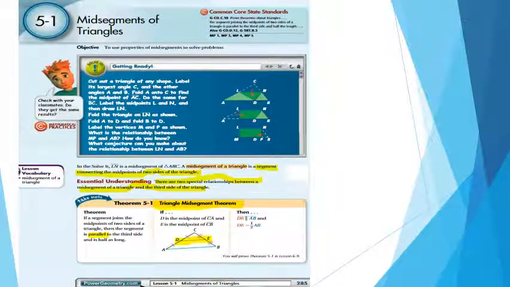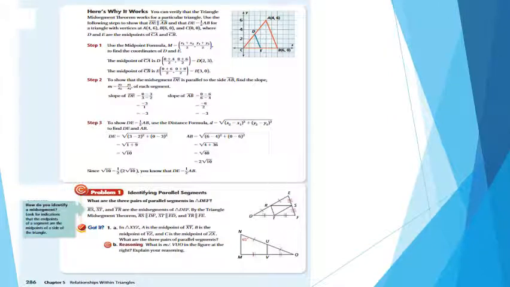Let's see next. Page 286. Let's see problem 1. Identifying parallel segments. What are the three pairs of parallel segments in triangle DEF? Okay, I want you to look at this triangle. Here we have the first pair. First, this is the mid-segment RS. So RS is parallel to DF.